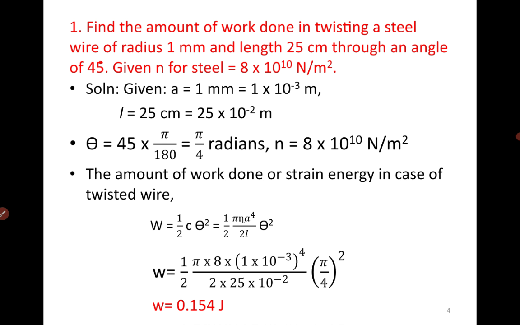It is equal to half. The value of C is pi n a to the power of 4 by 2L. Substitute that value here. Then theta square as it is.